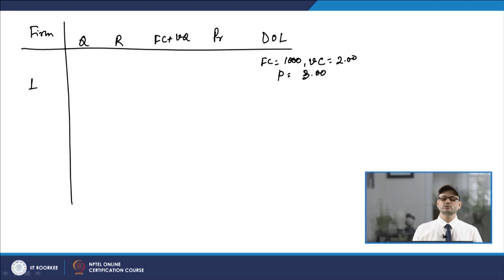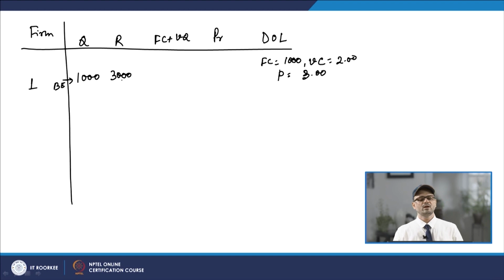Now, if you find the Q for 1000, which is the break-even quantity, the break-even quantity will be FC upon P minus V, so 1000 by P minus V. For this 1000 quantity you will have R equal to 3000, your total cost will be 1000 plus 2 into 1000, so that will be 3000, and your profit is 0.